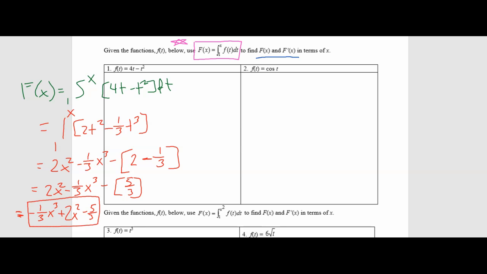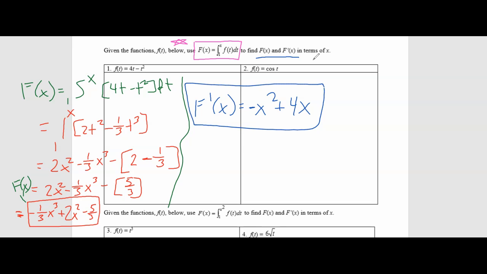So that is what capital F of x should represent. And then if I take the derivative of that function, right, so this is capital F of x, which means if I take the derivative, I am going to get, using the power rule, negative x squared plus 4x, and that would be capital F prime of x.